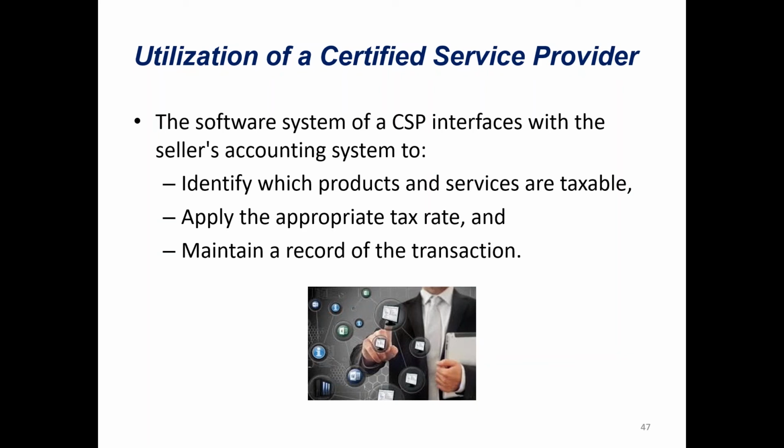Again, the appropriate tax rates, so rates and boundaries, the CSP creates has a database that is also certified by the states. Again, liability relief if there is something incorrect. And again, they maintain a record of the transaction. Those transactions are then audited also every 2 or 3 years by what's called the audit core team of the Streamline sales tax project.